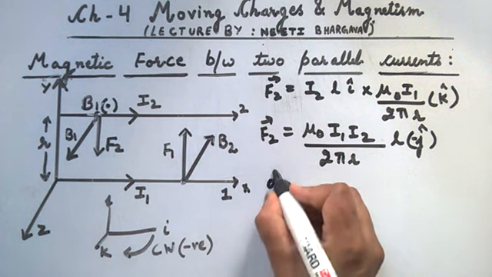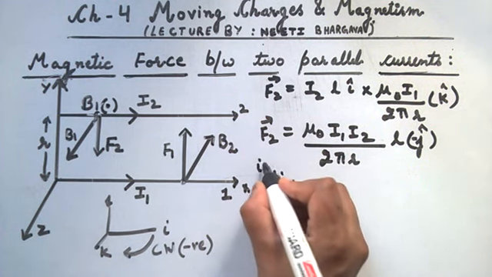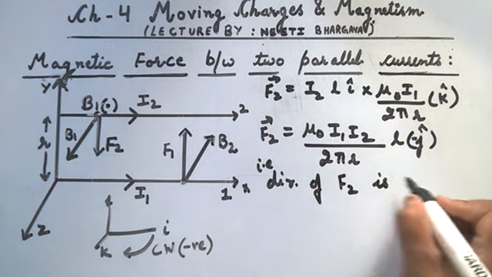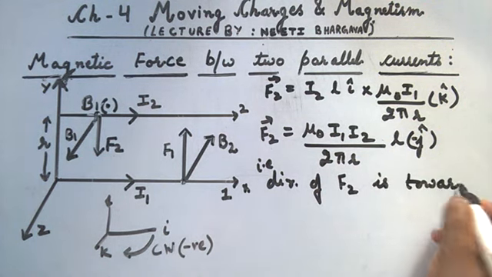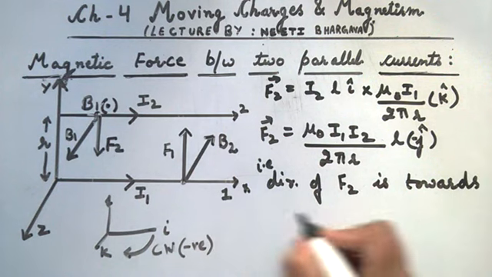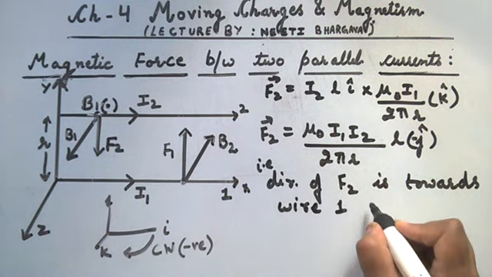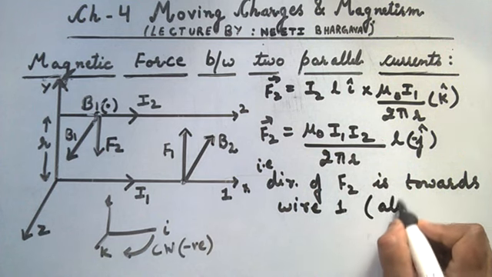That is, the direction of force is towards wire 1, that is, it is experiencing attraction.